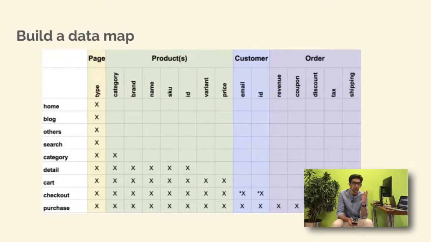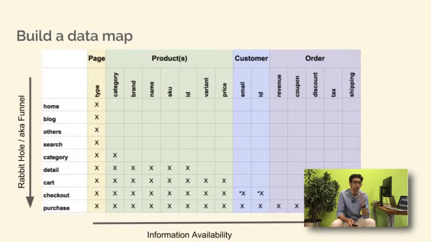At each point in that flow, you have some information about the product available, and as you incrementally go further into the funnel, the information that you have available effectively increases, right? Initially you may only know what product the person is looking at, or even the category that they're looking at, and then when you get to the product page, you may have other information, like what their brand was.